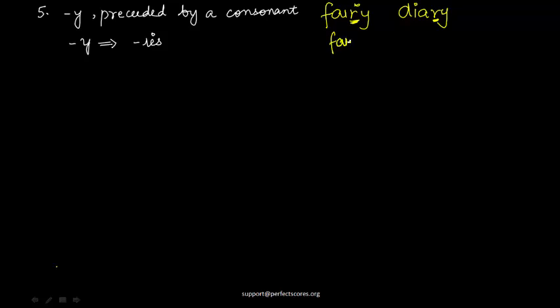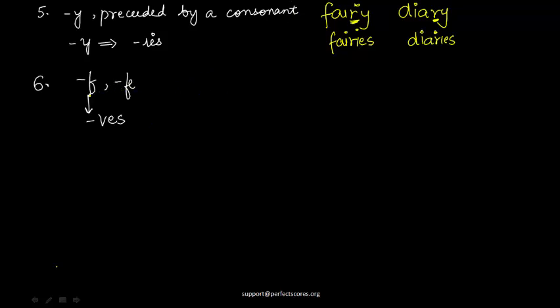So from fairy, you get fairies, and from diary, you get diaries. So that is the correct way of converting these words that end with Y, and the Y is preceded by a consonant.